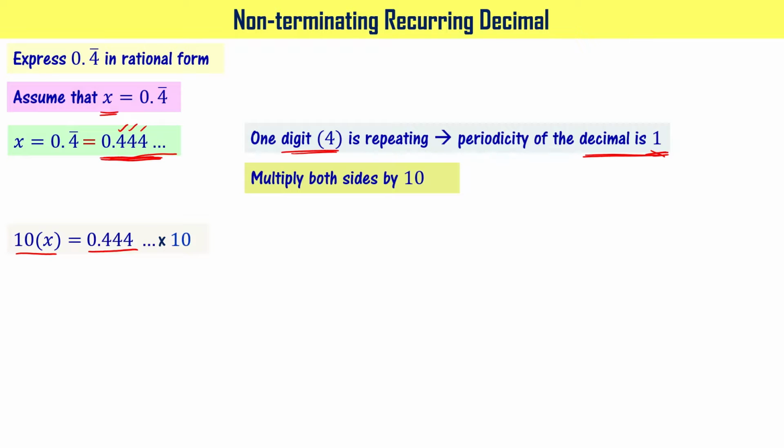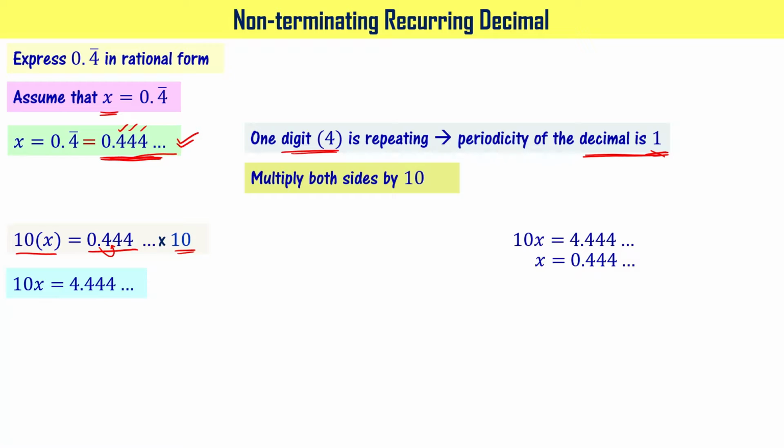When you multiply a decimal by number 10, since it has one zero, the dot will shift by one digit towards the right. That's why I can write it as 10x equal to 4.4444 and so on. Let me write that. And we know that x can be written as 0.4444 and so on, as shown here, right? Now let's write that below 10x.